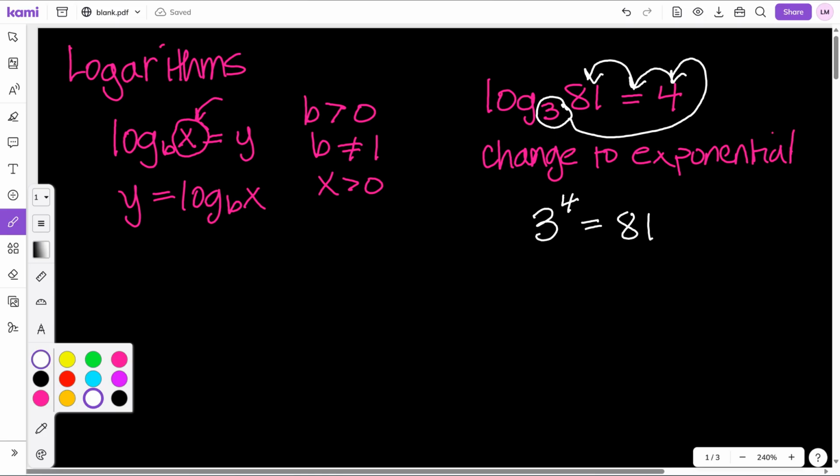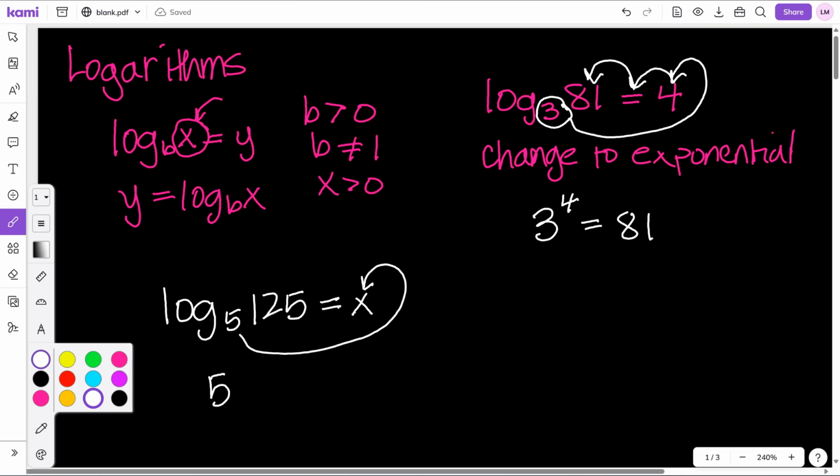So if I have something like log base 5 of 125 that I can't put on my calculator and I want to evaluate that, I usually put equals a variable, usually x, and then I can change to exponential. So 5 to the x equals 125.